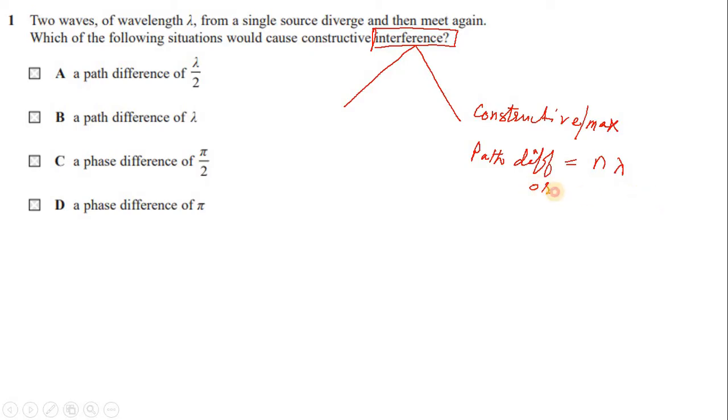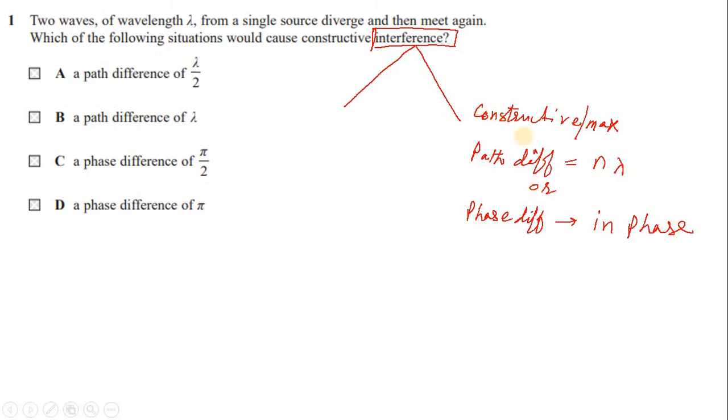Or other than path difference, sometimes we also look at phase difference. So if waves are in phase, then we also have constructive interference.